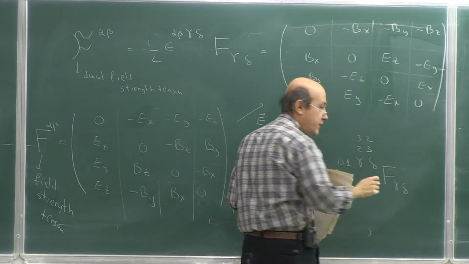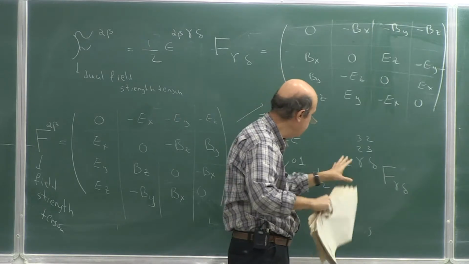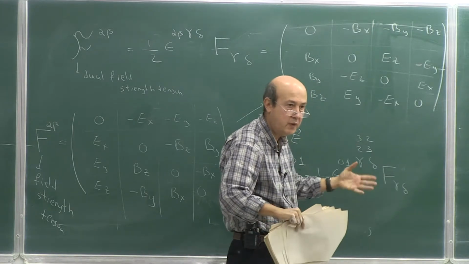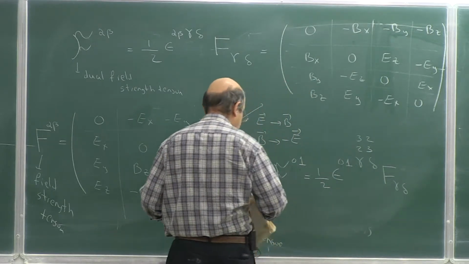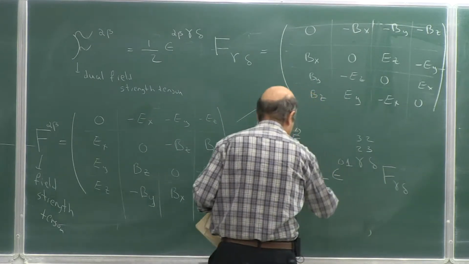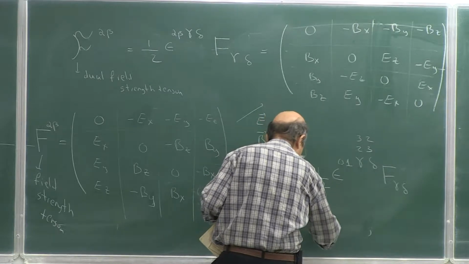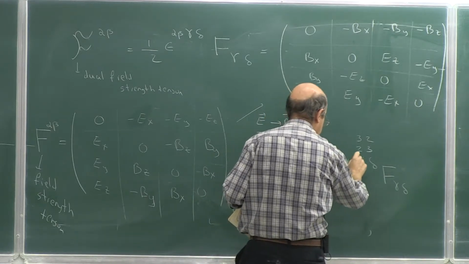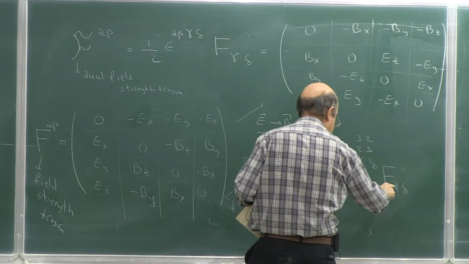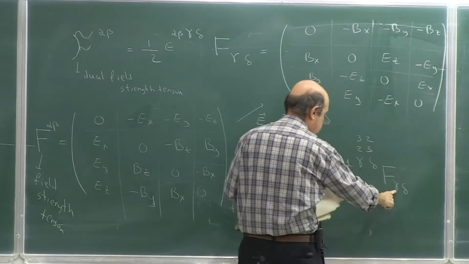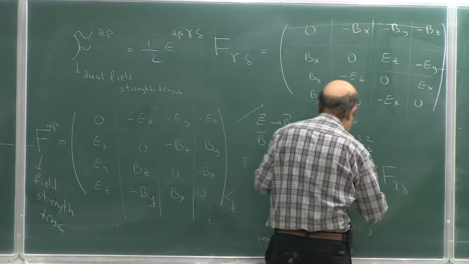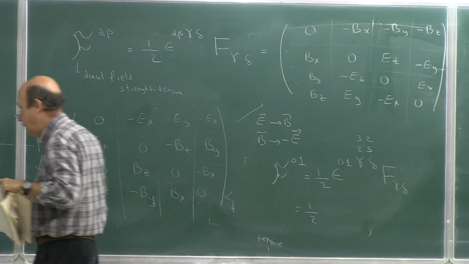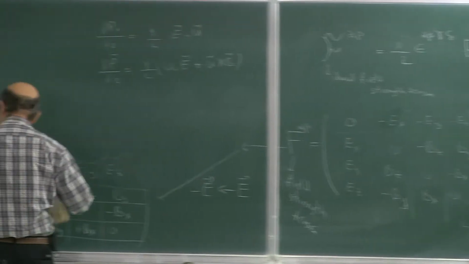All other combinations contain what? 1 or zeros and so on. That will be all of them 0. So let us calculate this, for example. 1 over 2, 0, 1, 2, 3, that is 1. What is the gamma? 2. What is the delta? 3. So indices are down, and look at where.